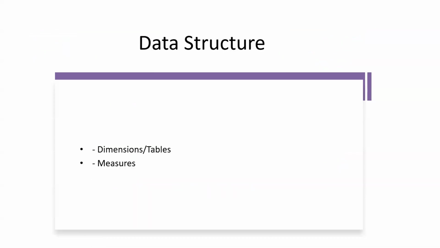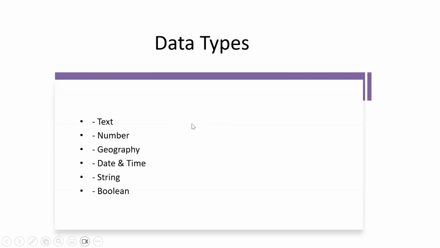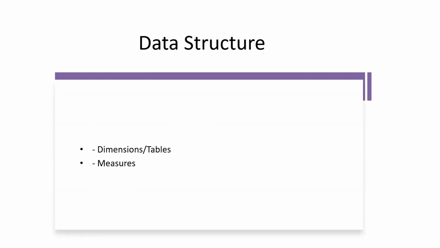When it comes to data structure, the categorical things are separated as dimension tables, or dimensions. The next are values and all, which are mentioned as measures. Automatically, it will try to understand the data structure. Clear?